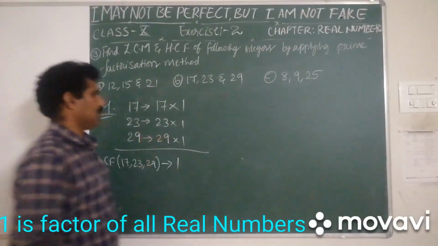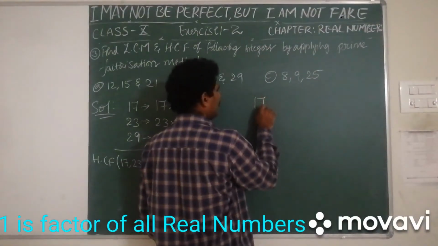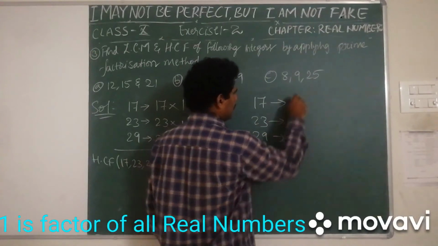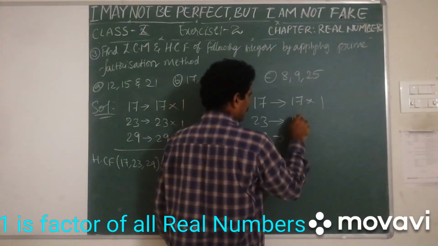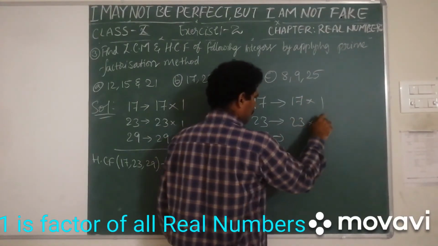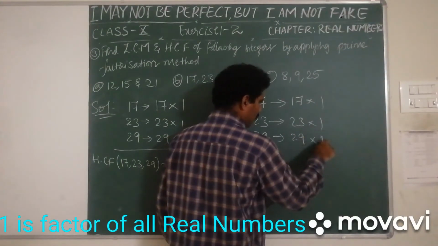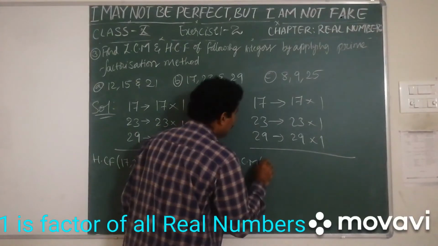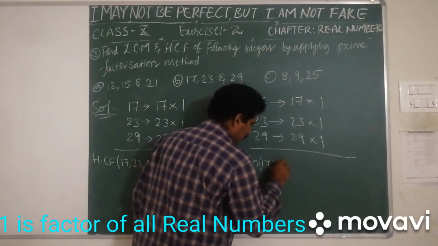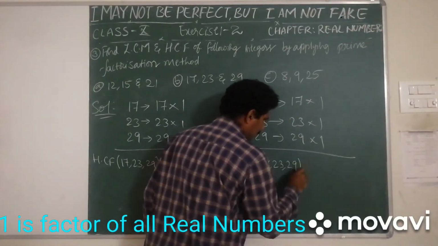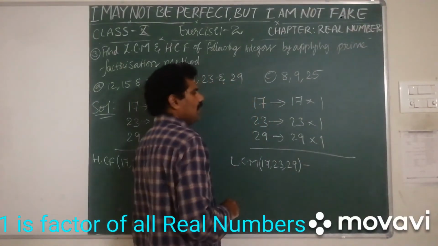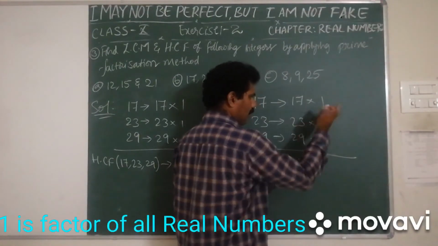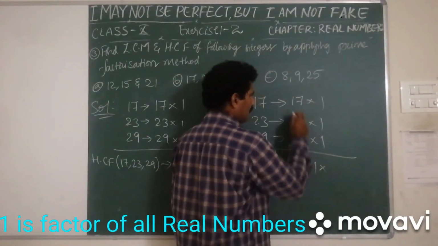Okay. Now LCM. So LCM of 17, 23 and 29. So this here as it is, we are going to write 23 into 1, 29 into 1. So LCM of 17, 23, 29 is: common factor of course 1 with whatever may be the power, into 17.